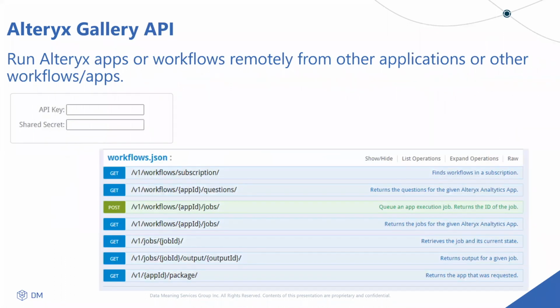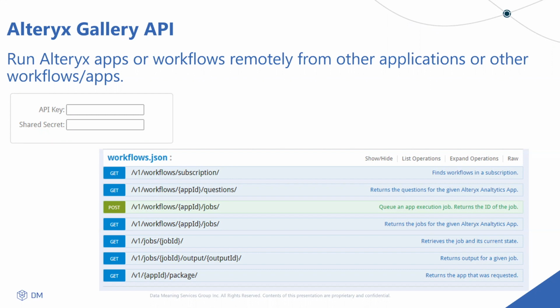So first of all, you need to enable the API access. Once you get API access from your Alteryx Server administrator, you can start to leverage those APIs. If you want to integrate with other applications, in our case UiPath, or you're trying to write a Python code which calls the API to run the process, you can do this as well.